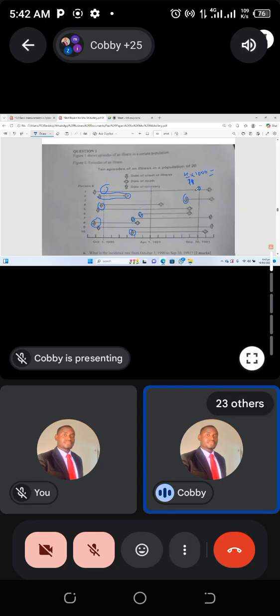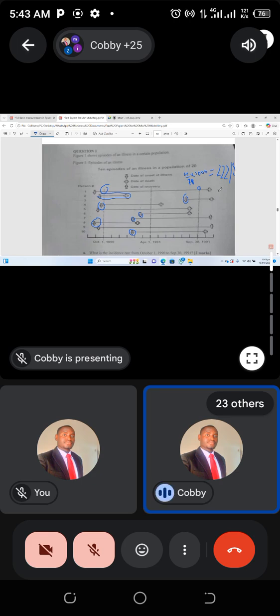So let's find now the incidence rate. It's going to be 222 per 1,000, right? Yes.